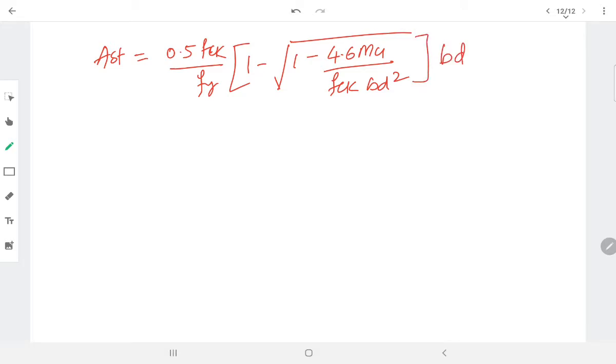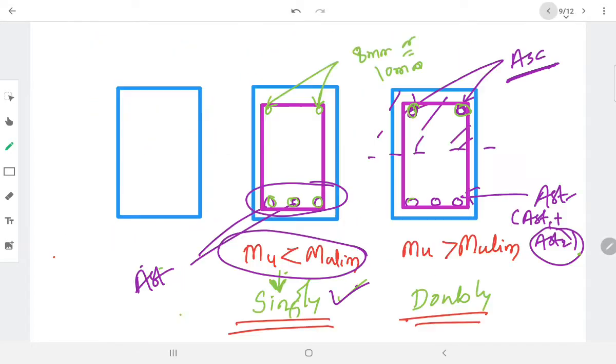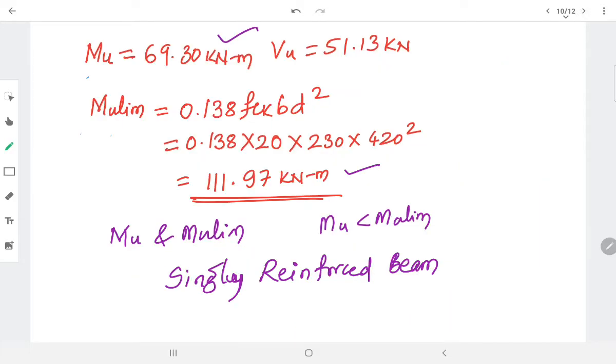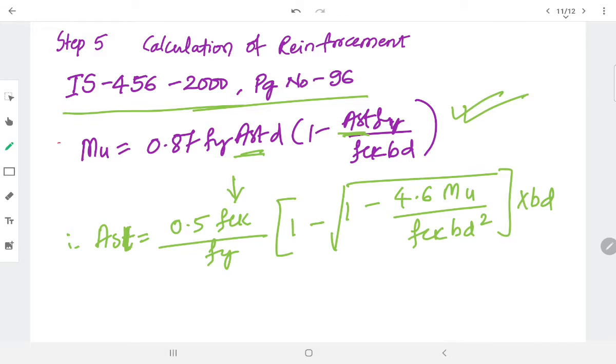Our intention is to calculate the value of AST, the area of steel in tension. It is a singly reinforced beam and we got Mu less than Mu limit. For AST, we have the Mu equation in the code book, and we simplified it to get this one. You need to remember this.